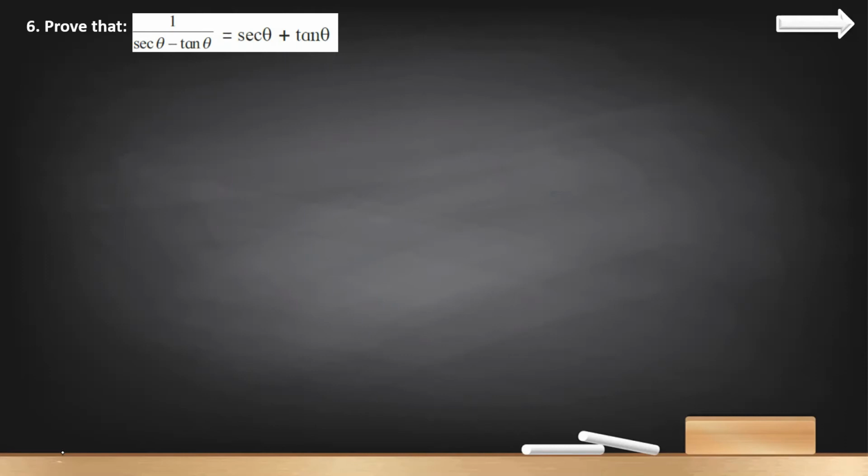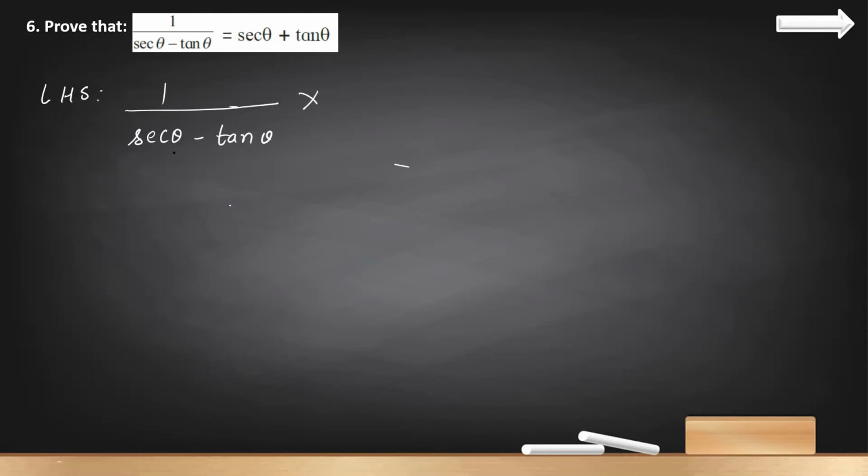Okay, right. Sixth one: 1 upon sec theta minus tan theta equal to sec theta plus tan theta. So what do we do in such questions? Let us start with LHS. 1 upon sec theta minus tan theta, and we need to convert it into plus. Now nothing can be done directly, so I'll multiply by the rationalizing factor.